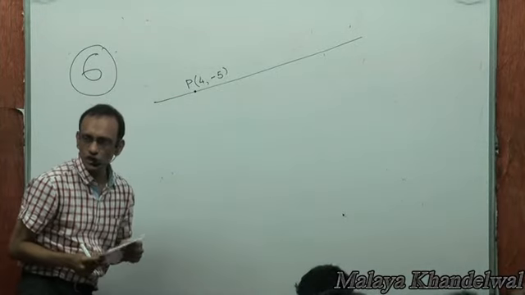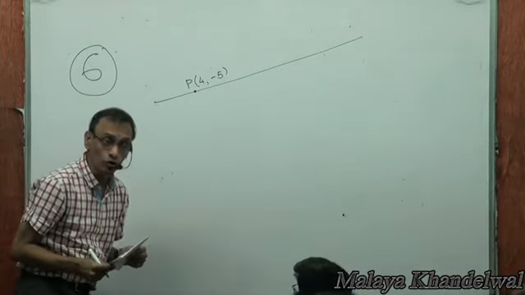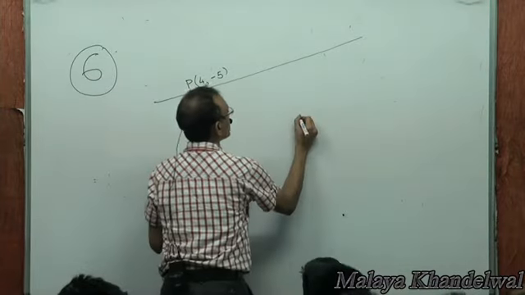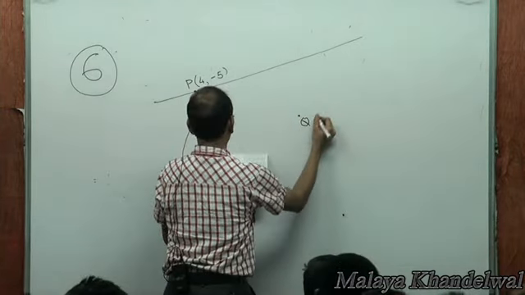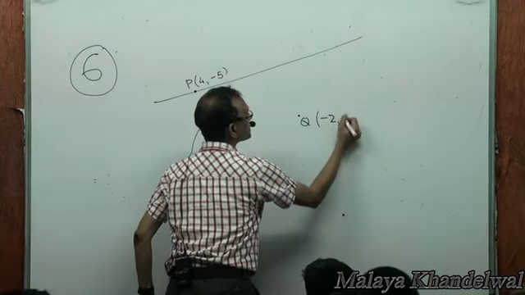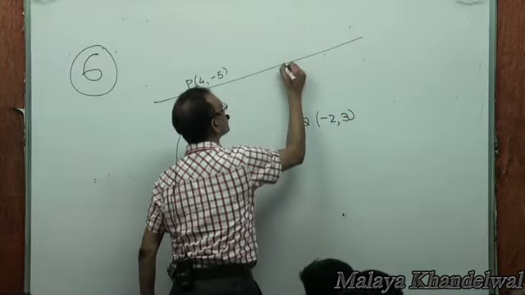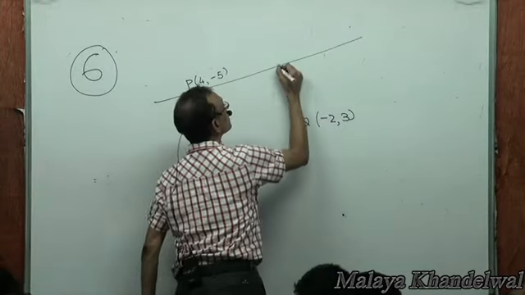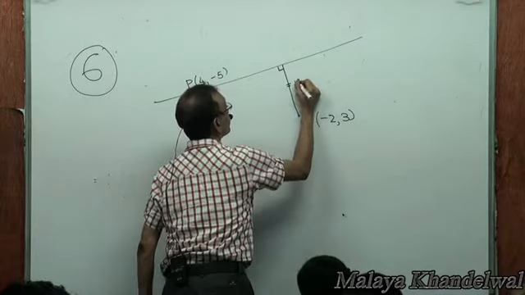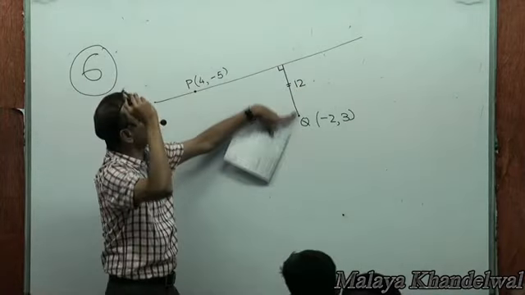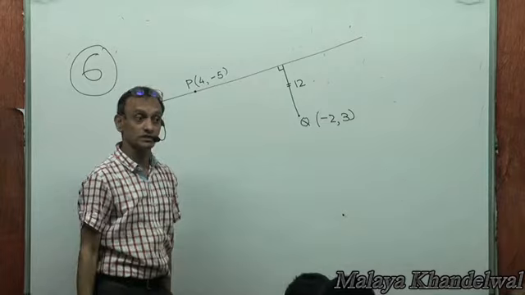We want to find the equation of a line drawn from P (4, -5) such that its distance from Q, which is (-2, 3), is 12 units. We want to find how many such lines can be drawn through P whose distance from Q is 12 units. Yes or no?